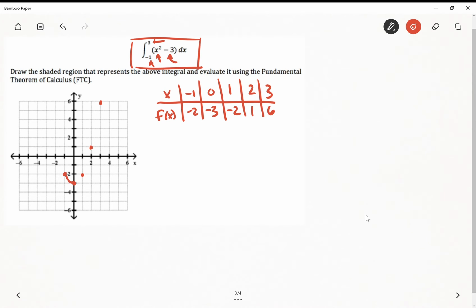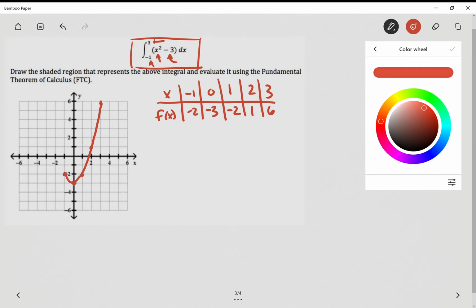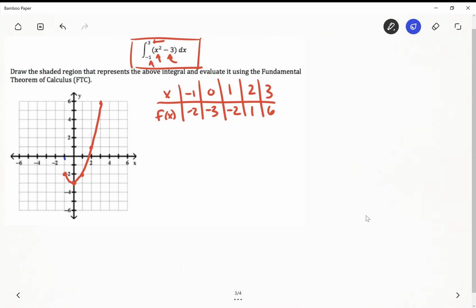And we have our parabola graph. And now we have to mark the bounds with the x-axis. And we see that we have a negative region because it's below the x-axis and a positive region which is above. It looks like the negative region is larger, so we expect to get a negative answer from this definite integral.